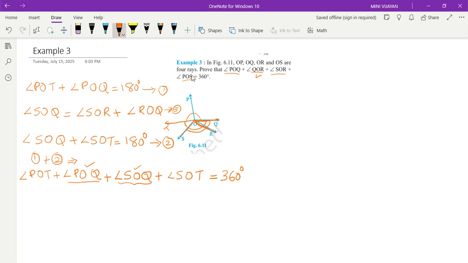Clear? Now, angle POS is also not marked here. That also we need.